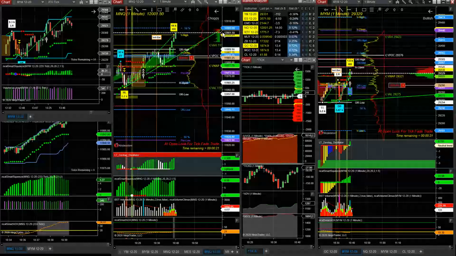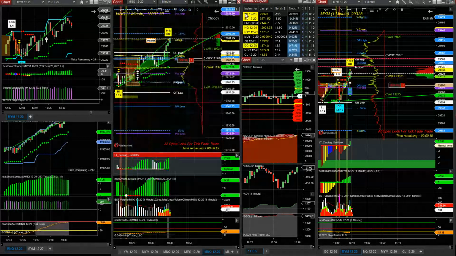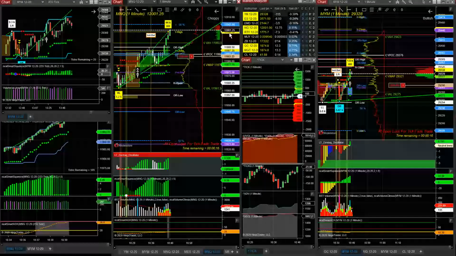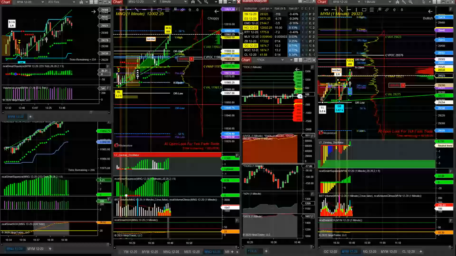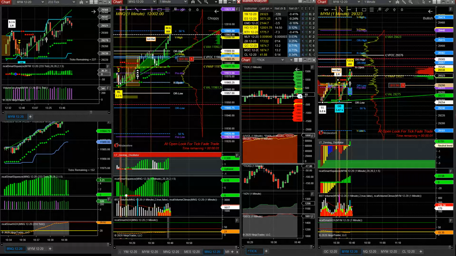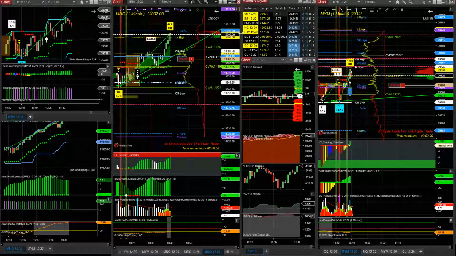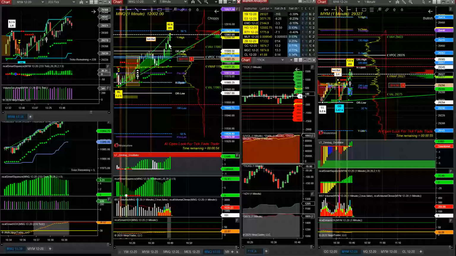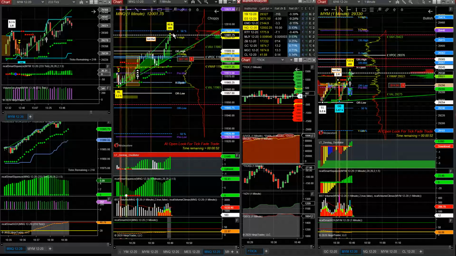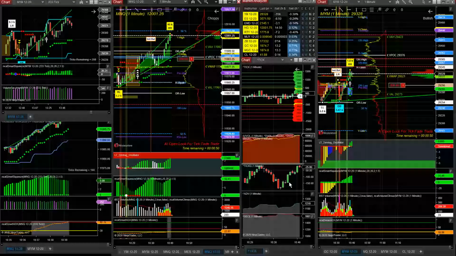Why does this NQ get a lot of strength, a lot of bounce right now? Come to this 50%. It's not a bad area here. It's getting an overbought condition here.